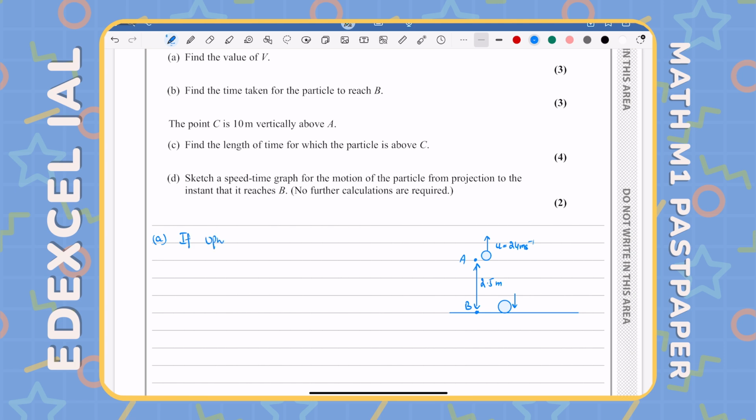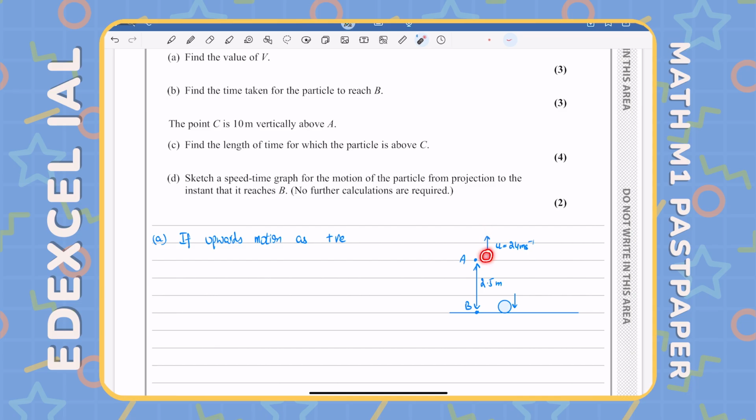So if you're taking the upwards motion as positive, that means the displacement of point B from point A is now minus 2.5. Why? Because this is on the opposite side to which the particle is traveling.